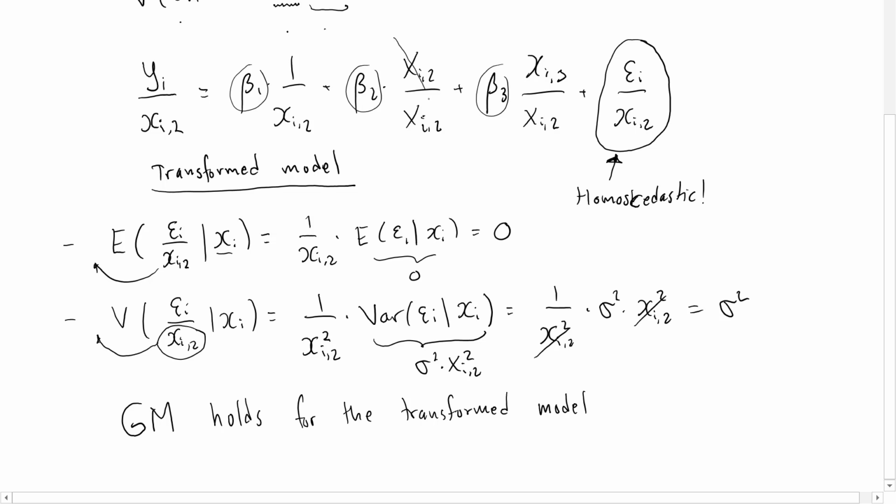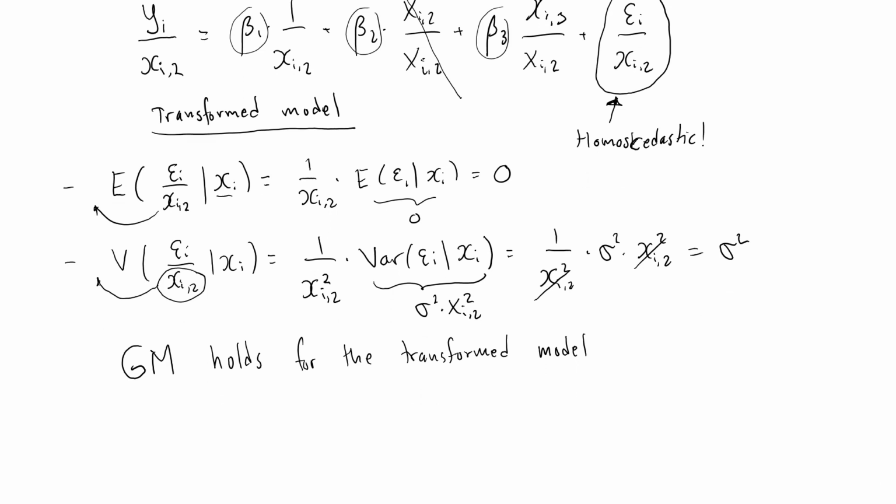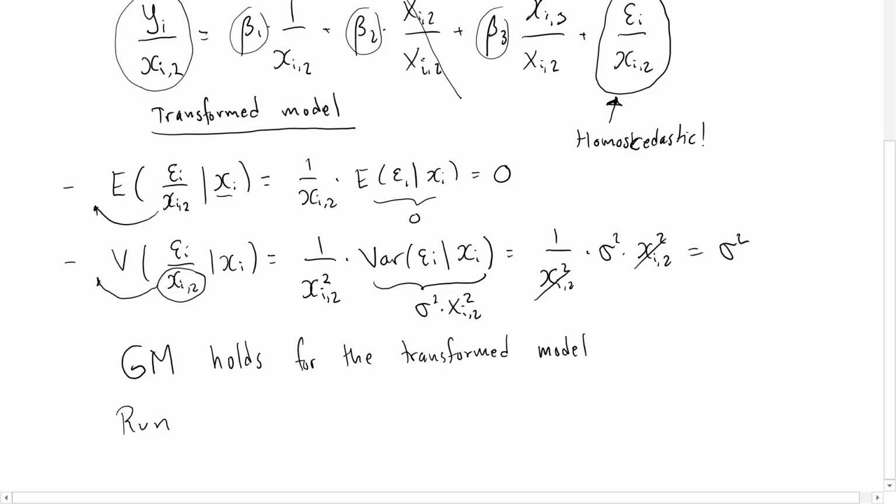So looking a little bit closer at this model, we see that we have a cancellation here as well. But it's still a linear regression model. It's linear in the parameters, although no longer in the data. So if I want to estimate the transformed model, all I have to do is run a regression where this one, the ratio of y and x2, is my dependent variable.